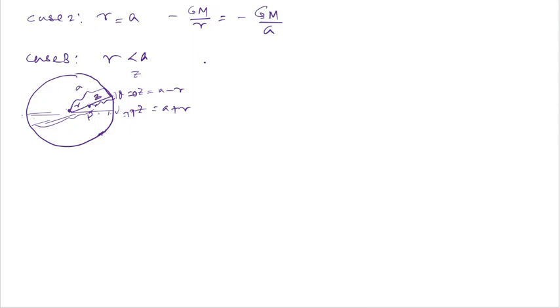Now we will do the same integration. We have the same V equal to sum of dV, only the range will change here. What is the range? Minus GM by 2ar, integral from a minus r to a plus r of dz.